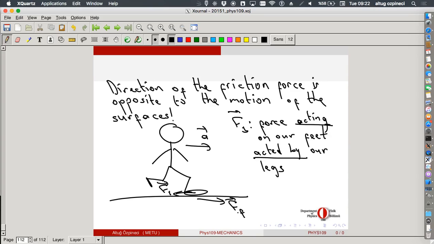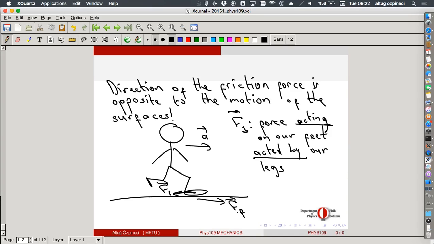Okay, is it static or kinetic friction? We are moving in the forward direction. Kinetic, static. You see, always remember, the friction force is a property of the surfaces. Who thinks it's static? Who thinks it's kinetic?